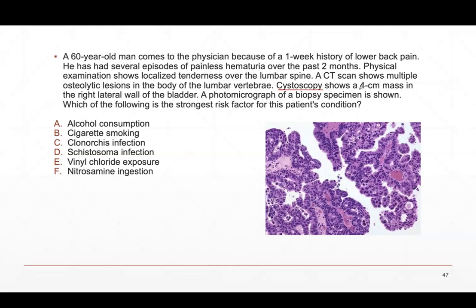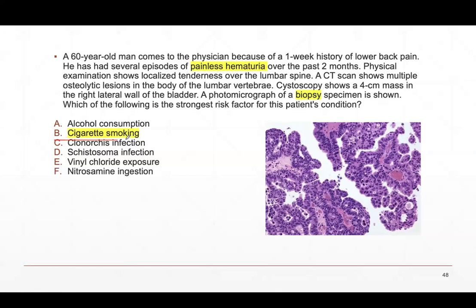He did the cystoscopy and there's a mass in the lateral wall of the bladder, so he has cancer, right? It's a great guess. But look here. If he has cancer, what kind of cancer do you think he has according to the biopsy? Adenocarcinoma. Perfect.